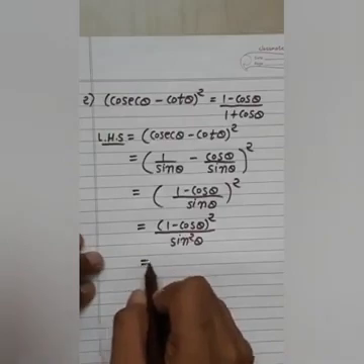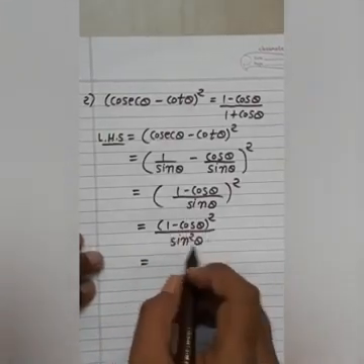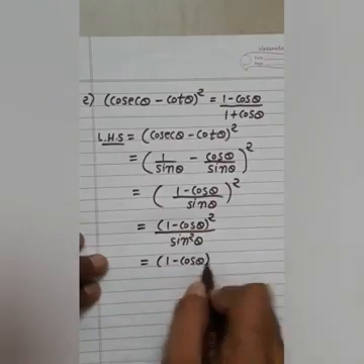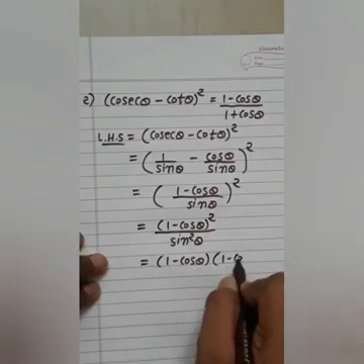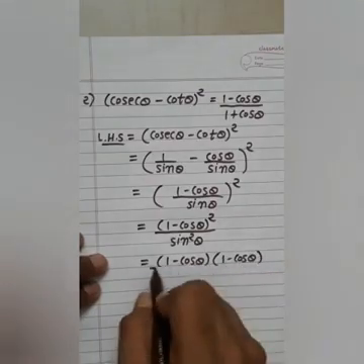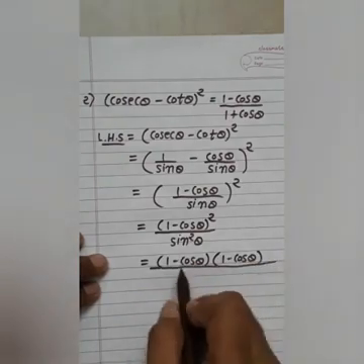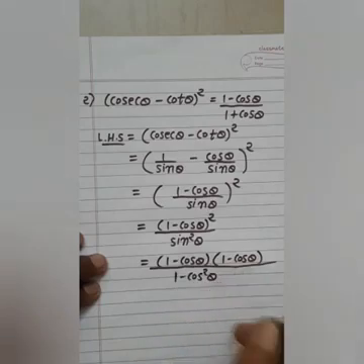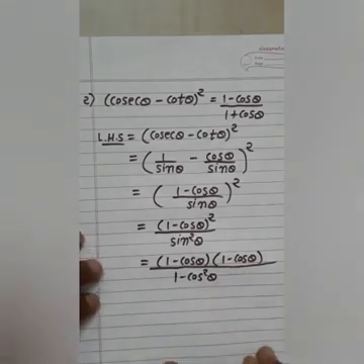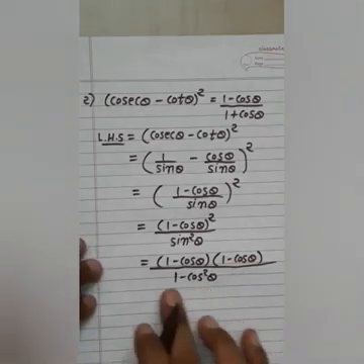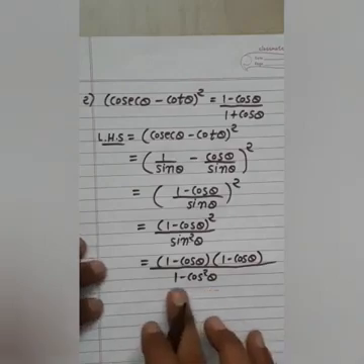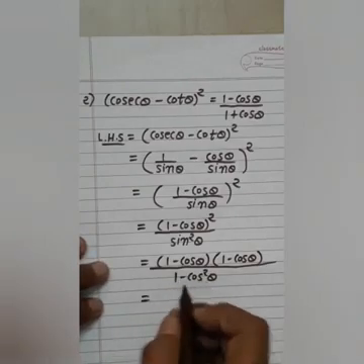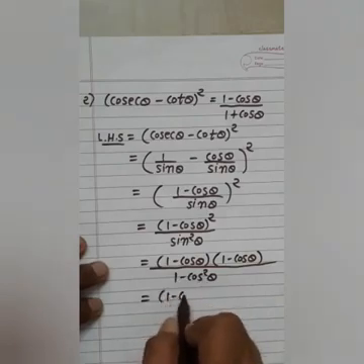So we can write here 1 minus cos theta into 1 minus cos theta upon sin square theta, and sin square theta means 1 minus cos square theta. We know that identity. And here factorize this term 1 minus cos square theta, so we can write 1 minus cos theta, another bracket 1 plus cos theta.